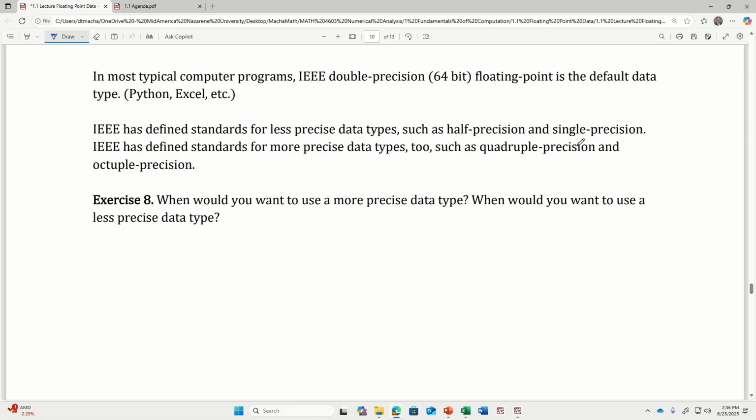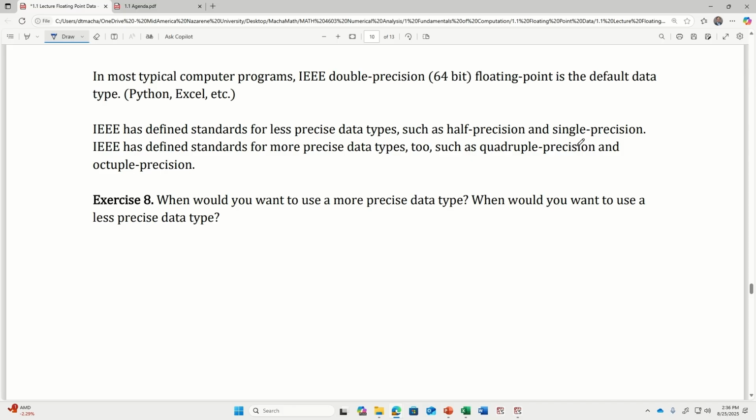When would you want to use a more precise data type? This is a question for you guys. When you need more precision? Yeah. There are certain chaotic systems, like the weather, for example, is a pretty chaotic thing. It's very difficult to accurately predict the weather.